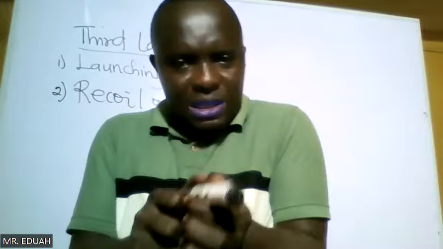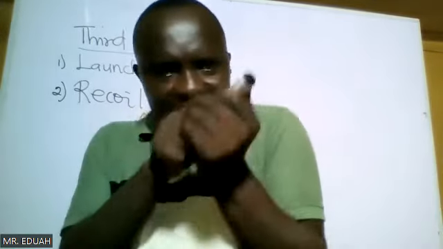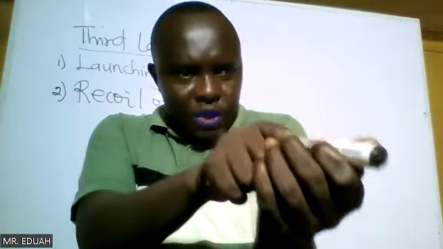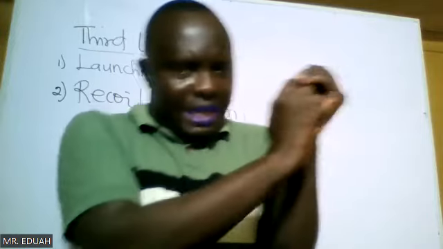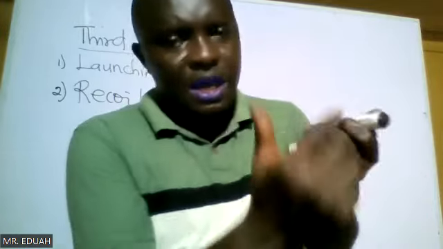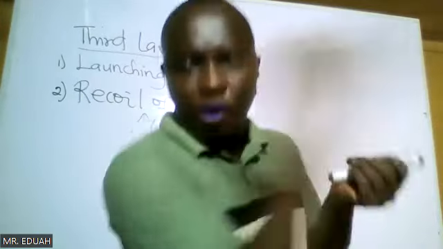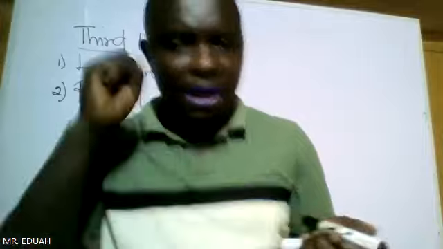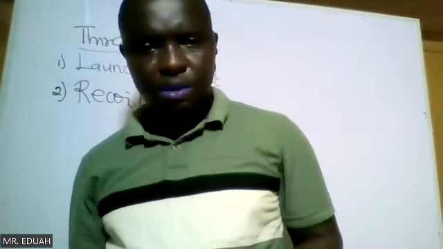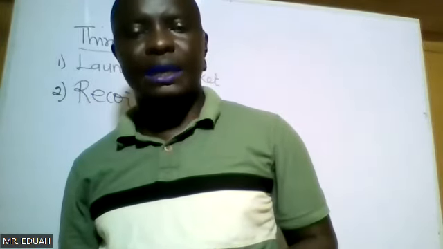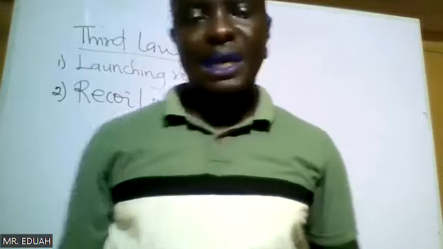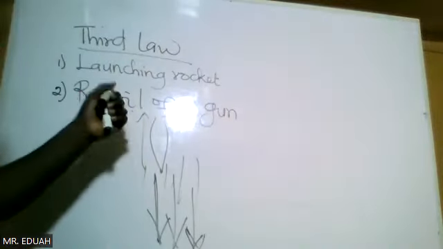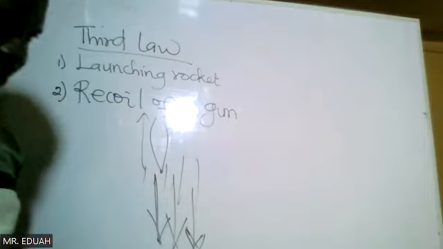And if you are not a professional, the target can be changed. You are shooting something, but before you realize you are shooting somebody else because of that reversal force exerted on you by the bullet while it is escaping. So the recoil of a gun also falls under the application of Newton's third law of motion.